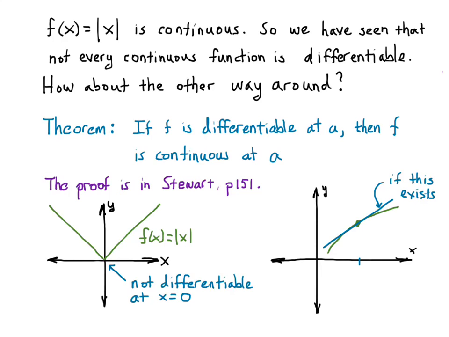So that would suggest several things. First of all, that f at a must exist, because how can you define what a derivative is without a point on the function? And then it also suggests that the limit must exist here, so it has to be continuous. There's no diagram that you can draw that will show a differentiable function that's not continuous.